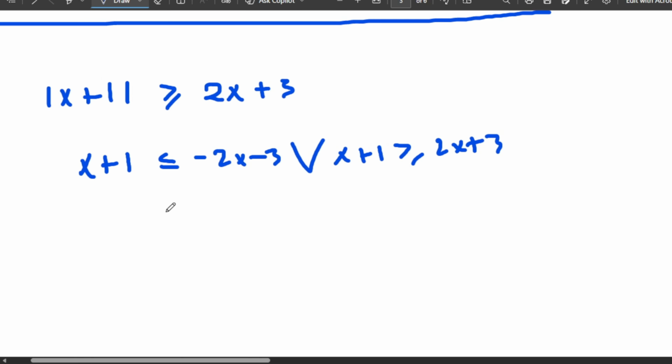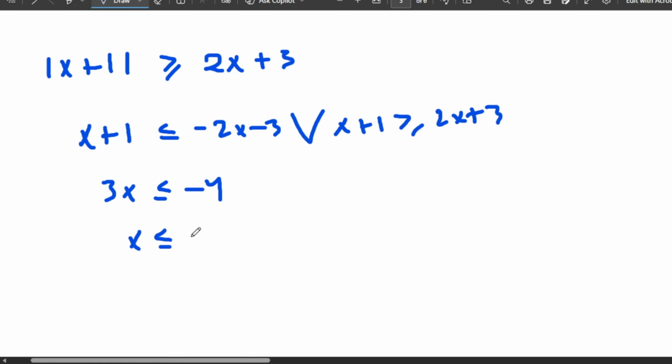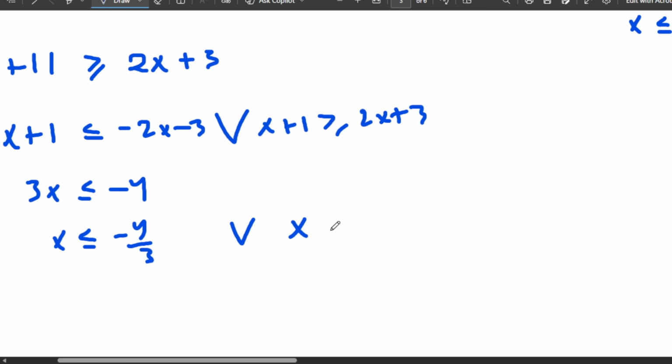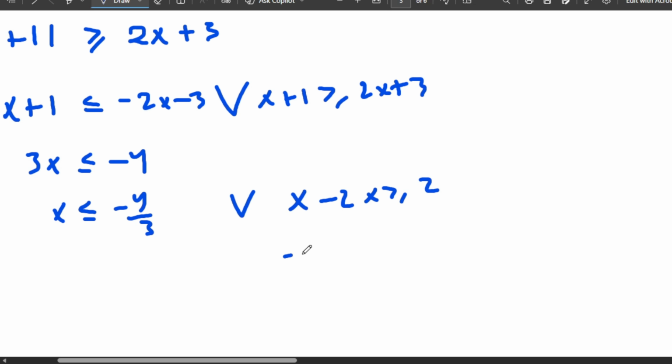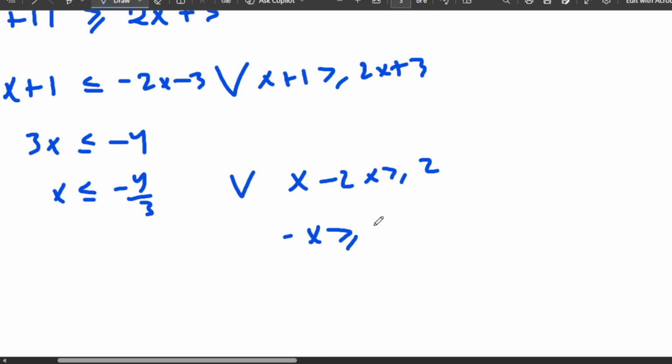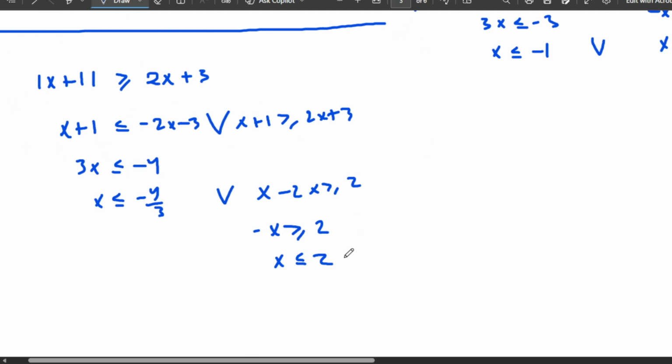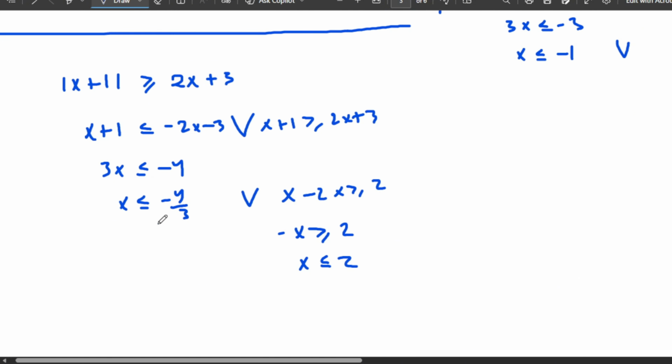So the solutions must be, in the first case, 3x less than or equal to negative 4, so x is less than or equal to negative 4 over 3, or negative x is greater or equal to 2. Since this is negative, we flip the inequality sign. So our solution is here.